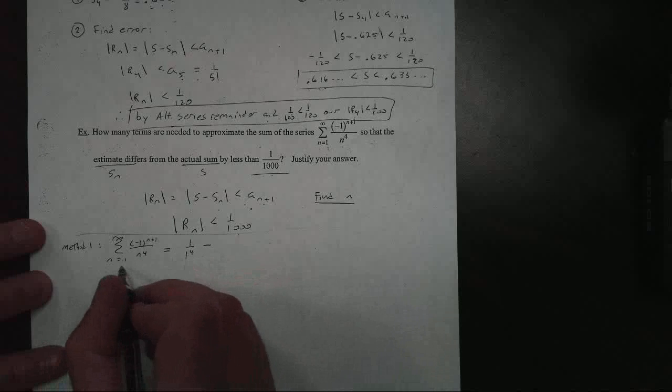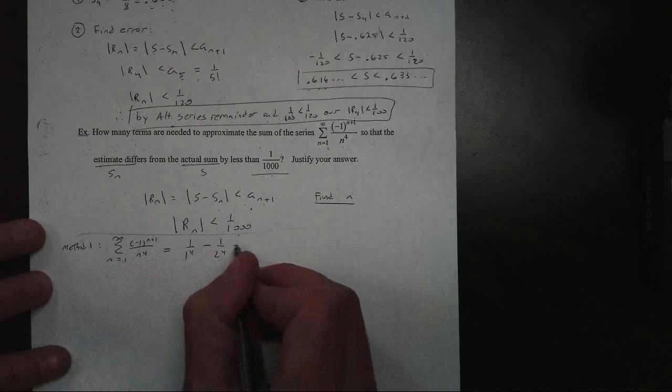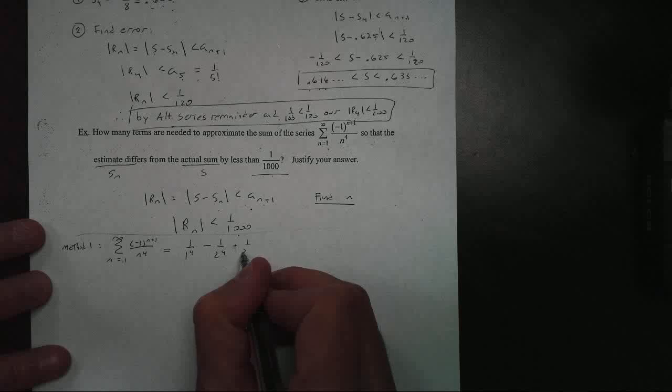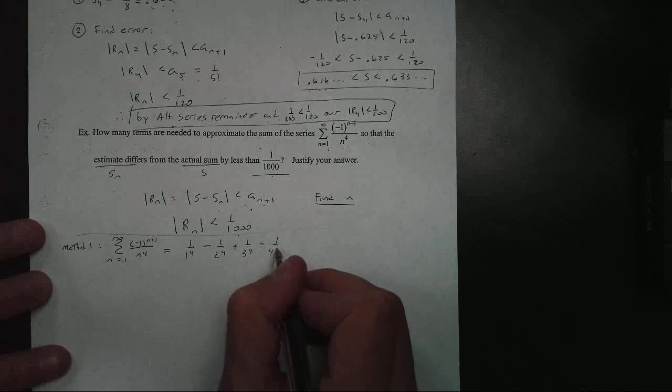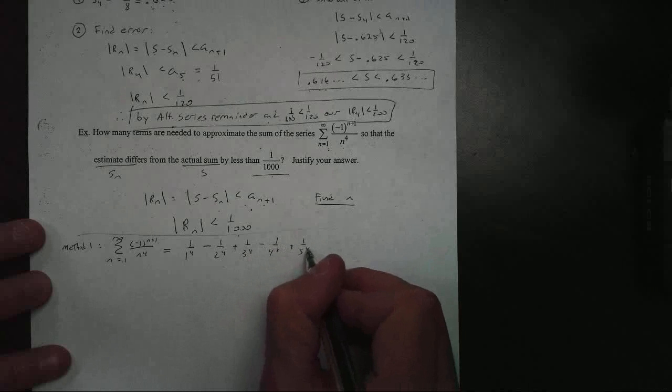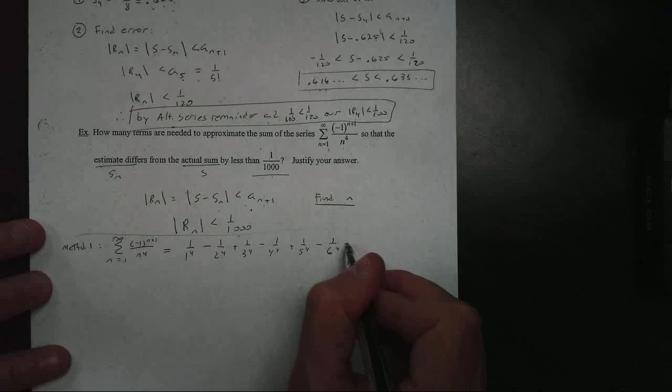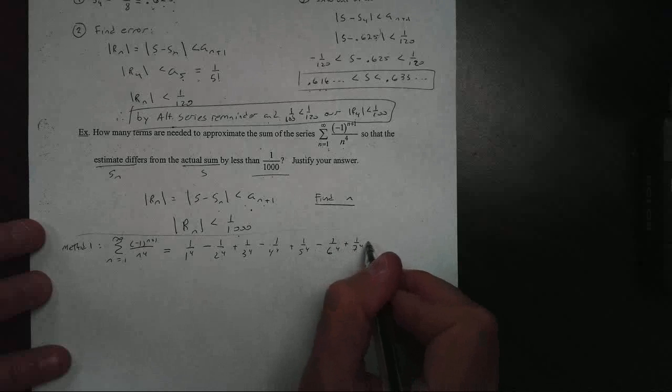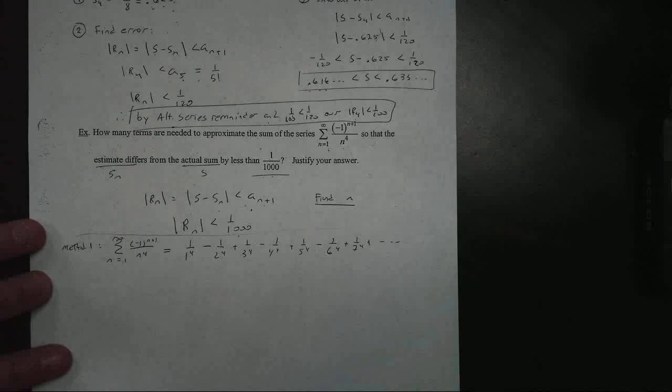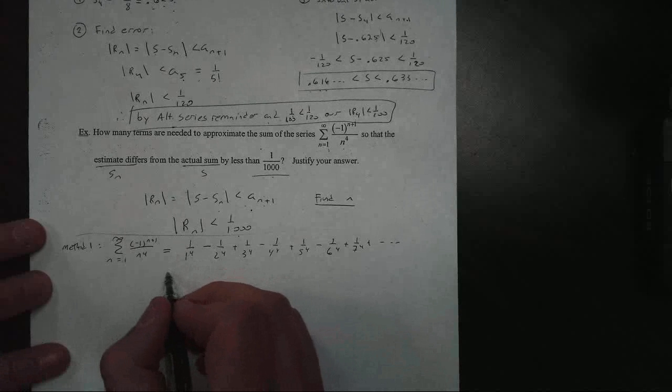It's alternating, so it's going to be minus 1 over 2 to the fourth, plus 1 over 3 to the fourth, minus 1 over 4 to the fourth, plus 1 over 5 to the fourth, minus 1 over 6 to the fourth, plus 1 over 7 to the fourth, and you can see it goes on forever and ever. I can find their values.